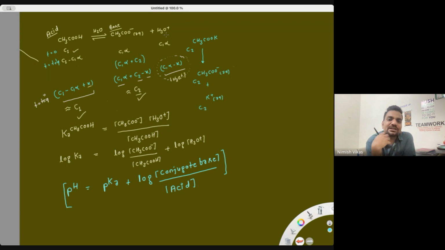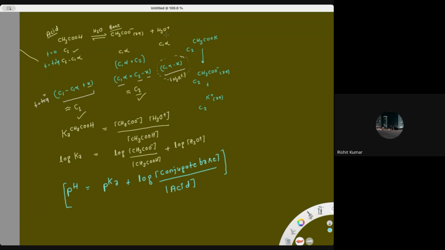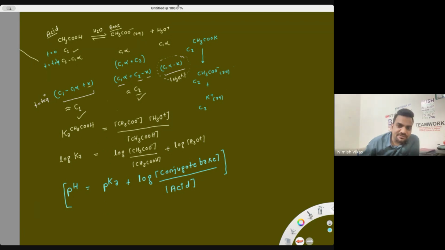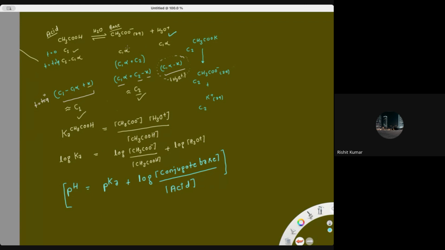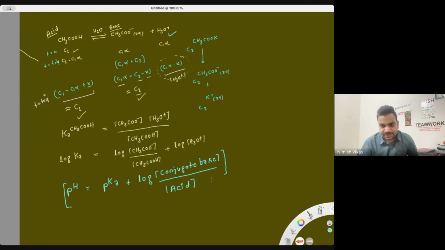The point here is how it will protect the pH against any acid added from outside. Okay, sir. And hydronium ion is a very good acid. That's the reason this acetate ion is making the reaction go backward. Why don't we have enough acetate ion? Because hydronium ion is giving all the H+ to acetate ion, and acetate ion is converting to acetic acid, right? Yes. So this is the situation.